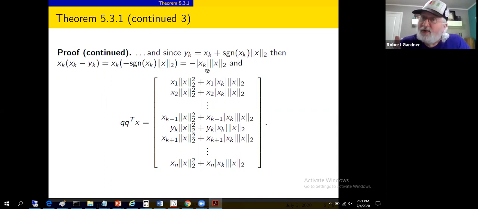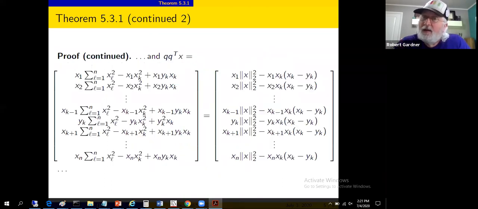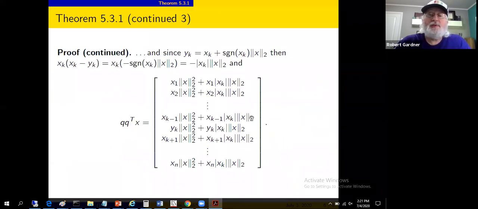Let's go back to the previous slide. x sub k minus y sub k. That's always in the right-hand part here. It's preceded by an x1, an x2, an x sub k minus 1. Whoops, a y sub k, and x sub k through x sub n. So we're replacing this last little bit of stuff by that quantity we just saw, producing this.